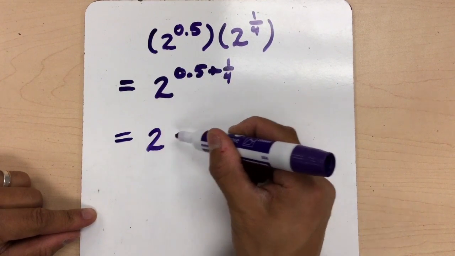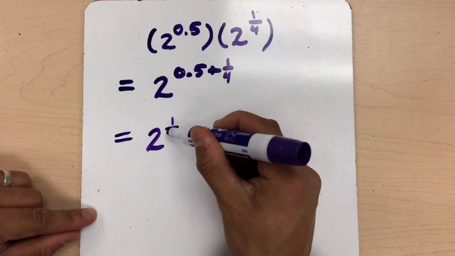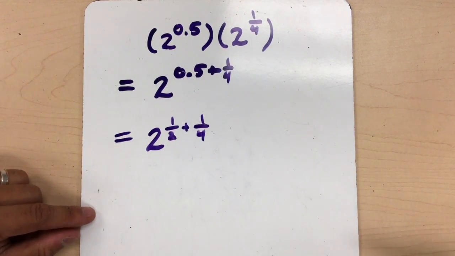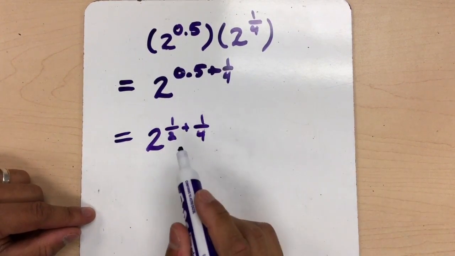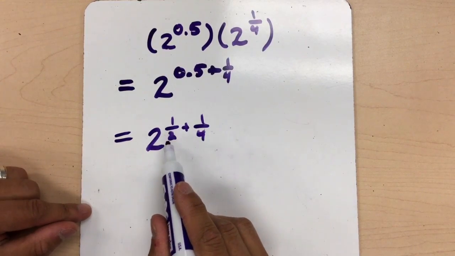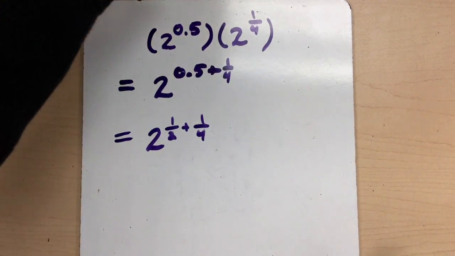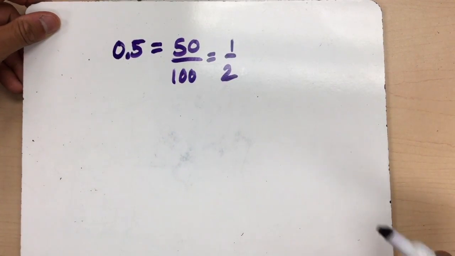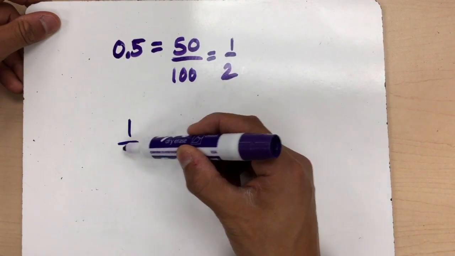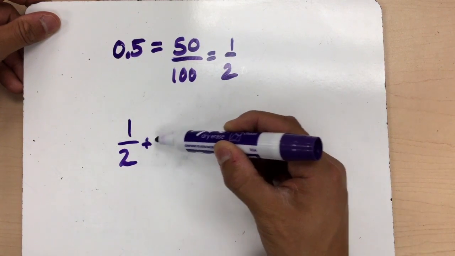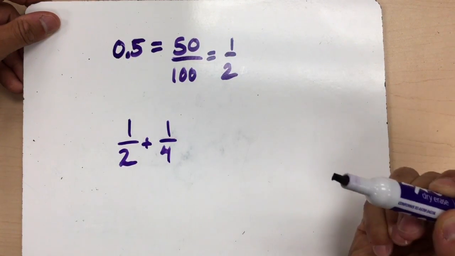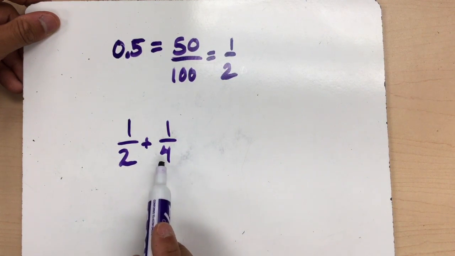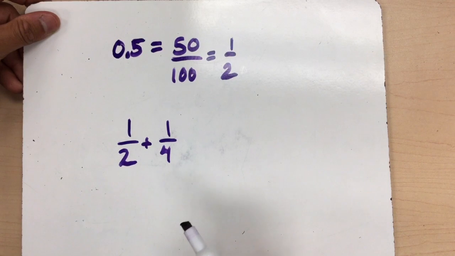So I can express this as 2 to the power of 1/2 plus 1/4. Now, we could run into another problem. We're combining fractions. Remember, in order to combine fractions, we need to establish a common denominator. So if I have 1/2 plus 1/4, then my common denominator between the 2 and the 4 is going to be 4.